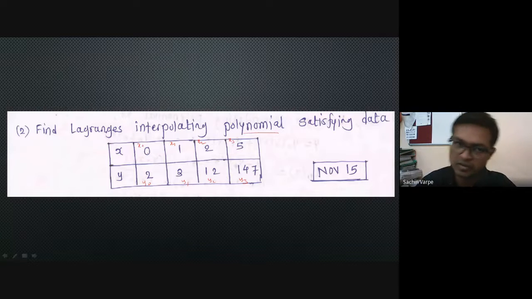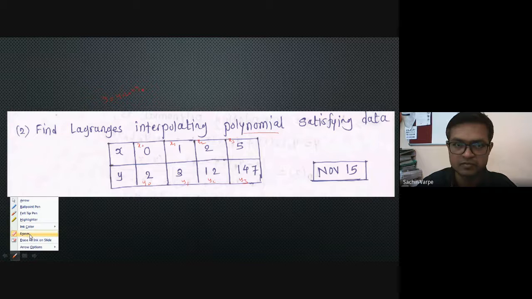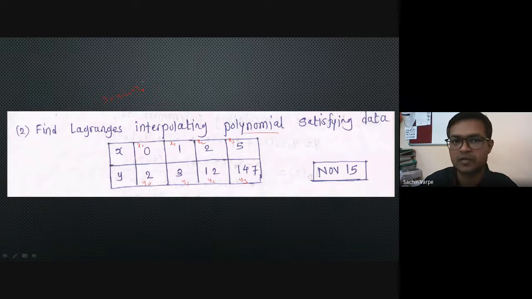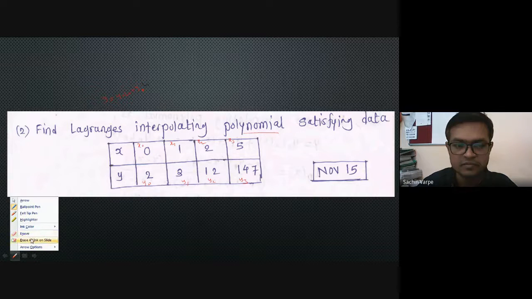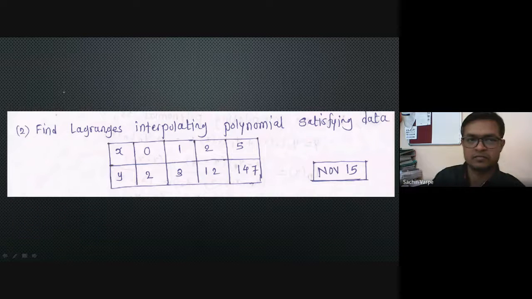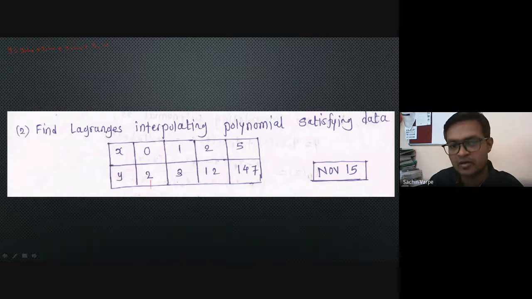So the Lagrange interpolating polynomial will be y is equal to y0 L0 plus y1 L1 plus y2 L2 plus y3 L3, because we have y0, y1, y2, y3.